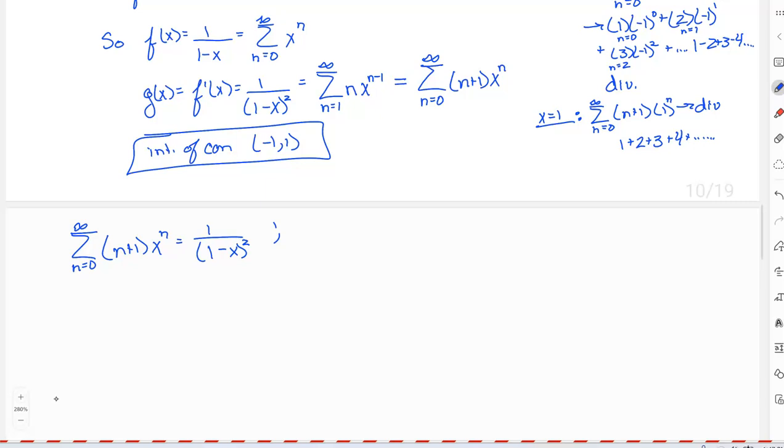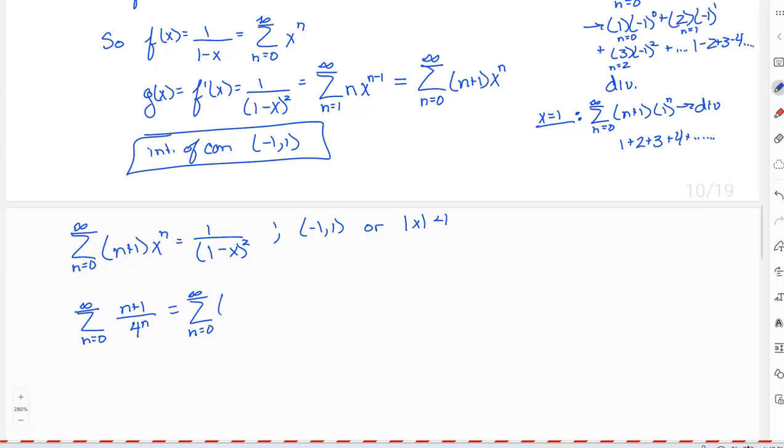And that worked on the interval from negative 1 to 1. Or we could think about that as the absolute value of x is less than 1. So I want to know what's happening to the sum of n plus 1 over 4 to the n. I'm going to think about this as a geometric series.